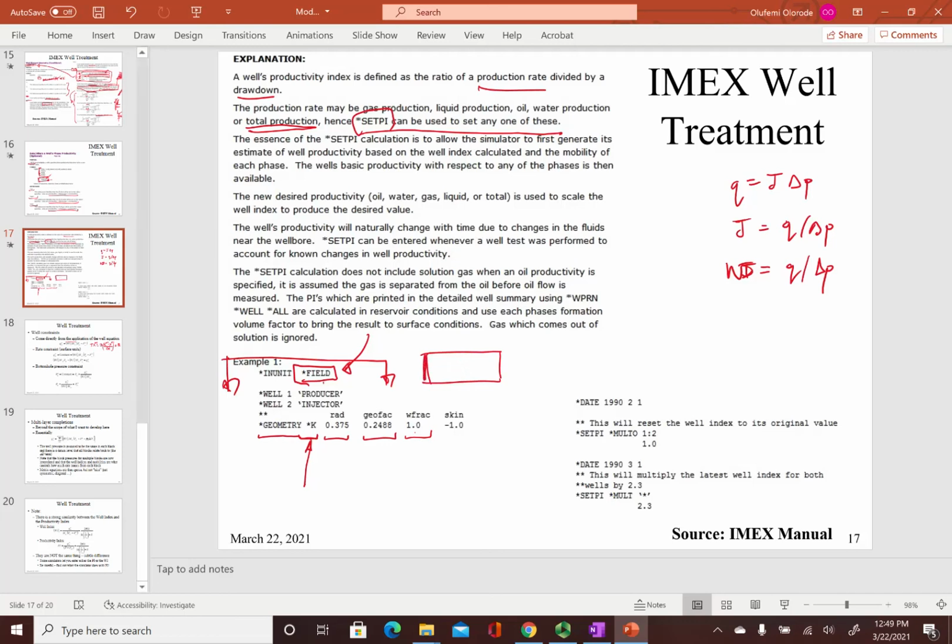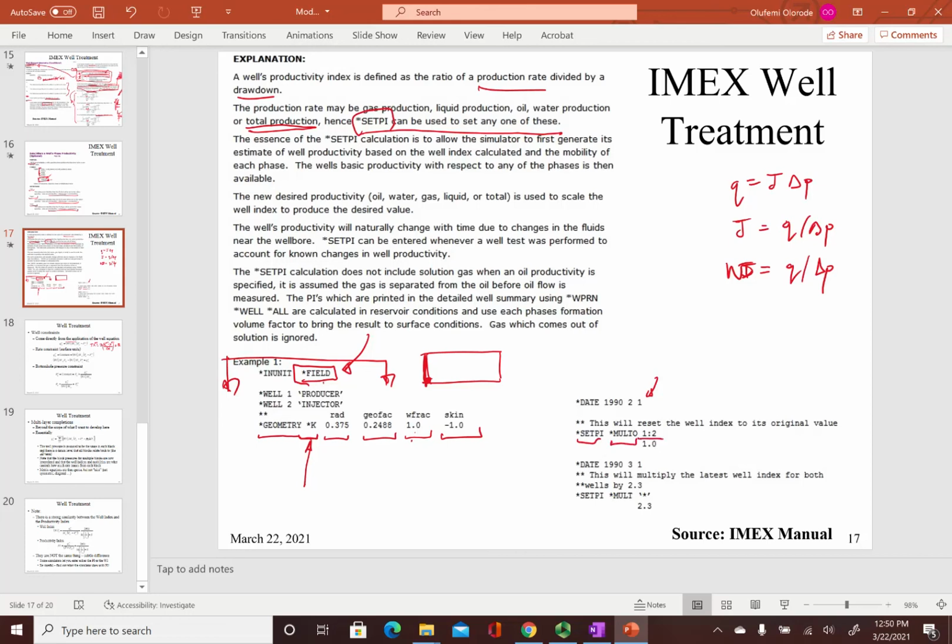But if it's X-centered or placed on the corner of a wellbore, then well frac will be 0.25. Skin, we're going to account for formation damage. Then we have your date indicating the onset of the simulation. You can set PI and provide a multiplier for the oil phase.